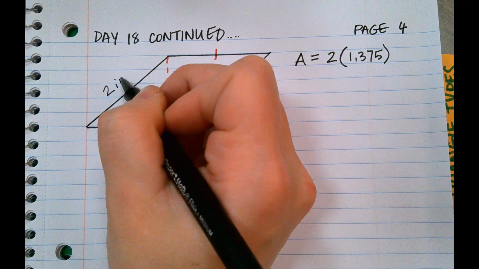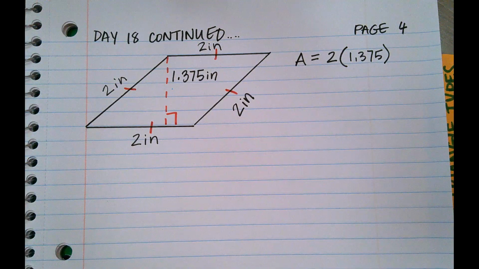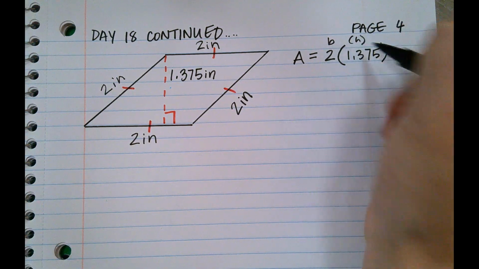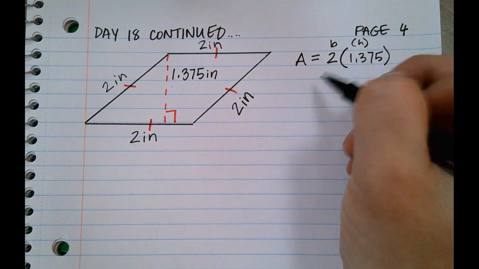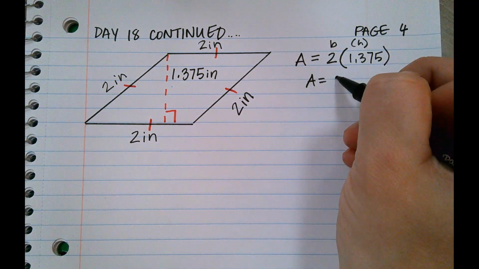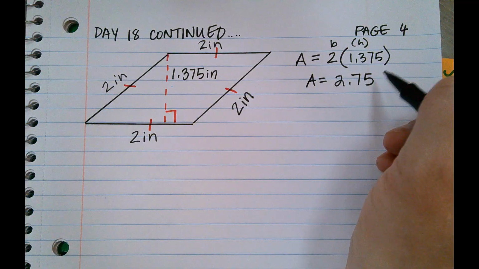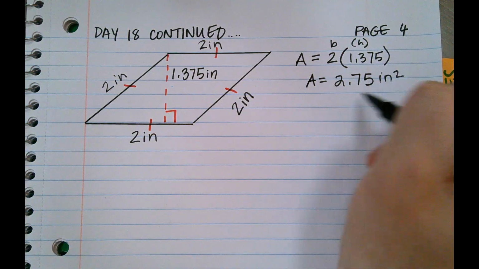Everything is 2 inches. So we're doing base of 2 times height, 1.375. Area is 2.75. What are my units? Inches squared. Good.